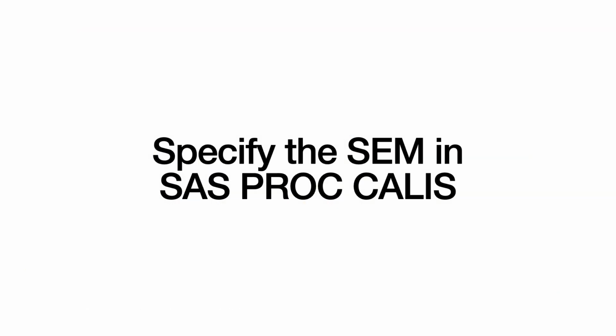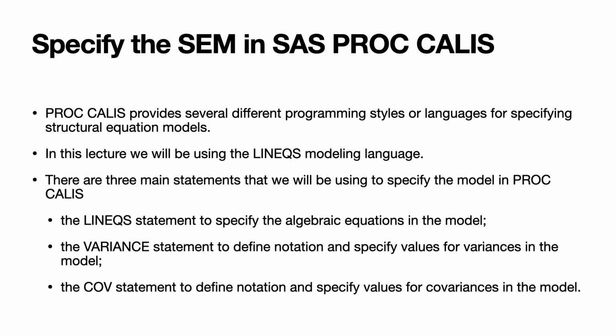Next, let's specify the structural equation model in SAS PROC CALIS. Now, SAS PROC CALIS provides several different programming styles or programming languages for specifying structural equation models. In this lecture, we're going to be using the LinEQS modeling language.